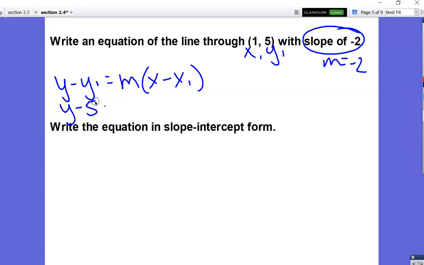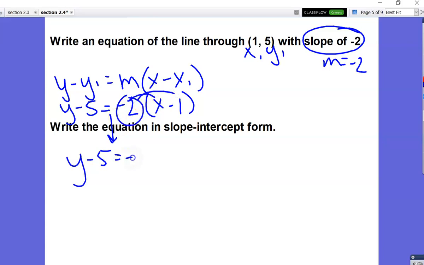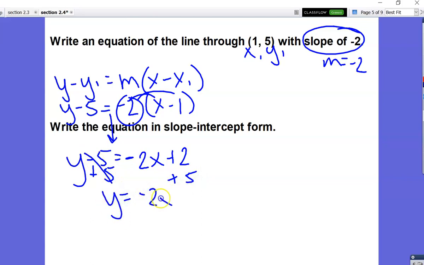Y minus 5 equals -2, x minus 1. I'm going to distribute on the next line down here. Then we'll add 5 to both sides. And then y equals -2x plus 7.